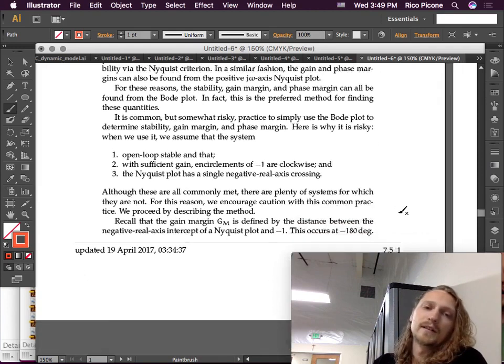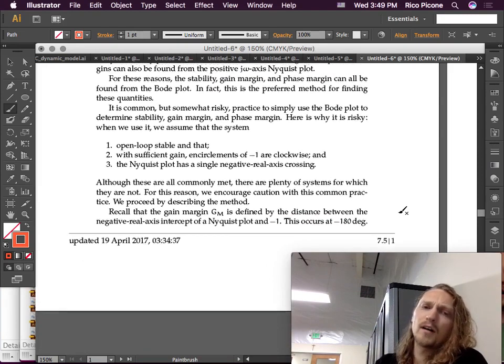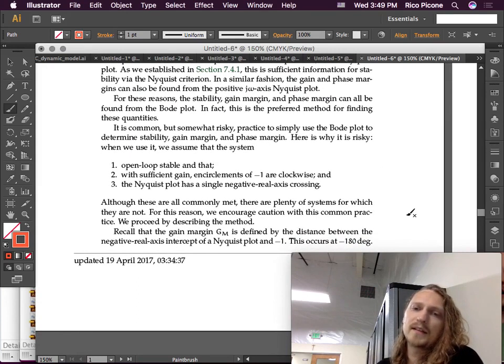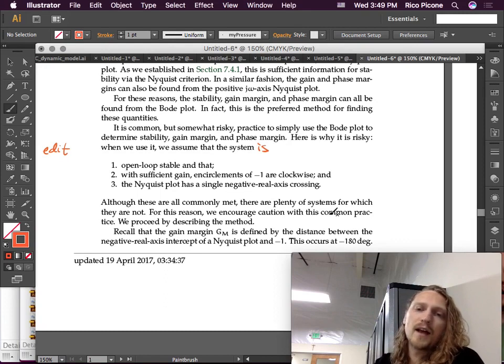So, recall that the gain margin, GM, is defined by the distance between the negative real axis intercept of a Nyquist plot and -1. Okay? Just realized that was a typo. This occurs at -180 degrees.